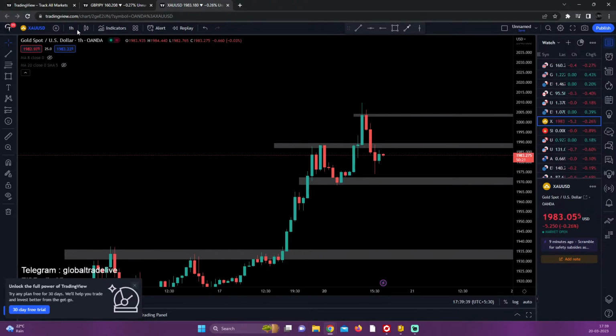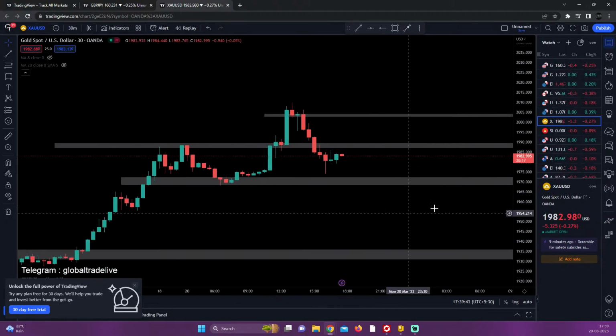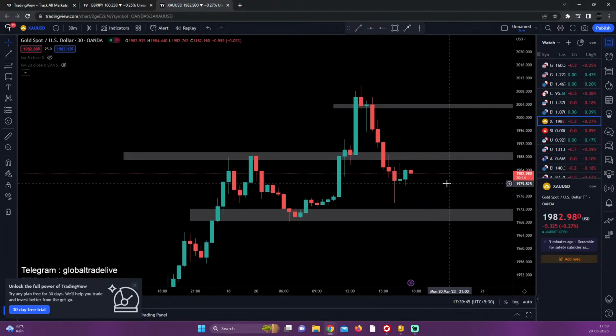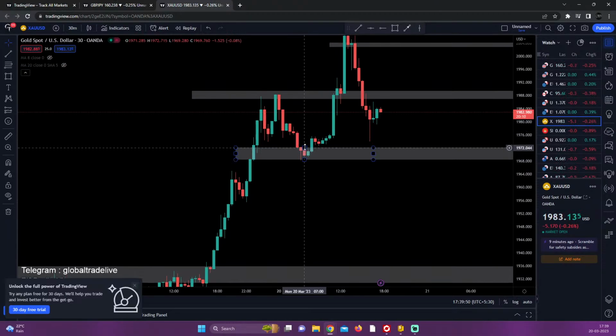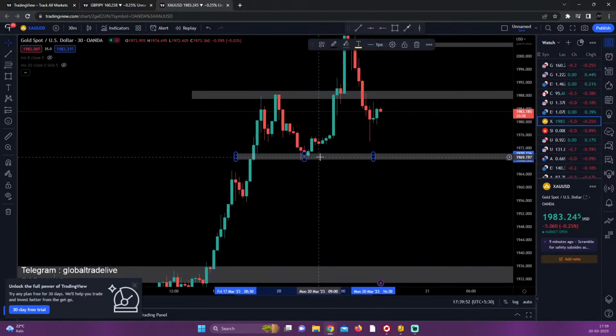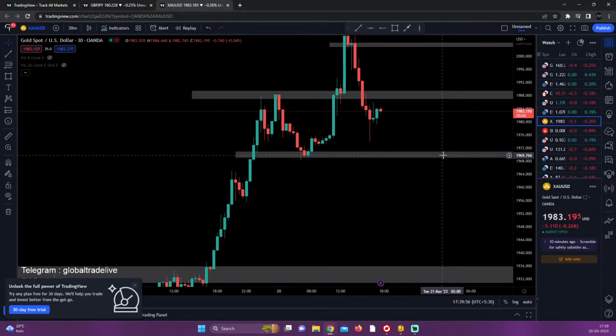So what I'm going to do is switch to a lower time frame to get more information, right? I'm going to zoom in a little bit again. If we talk about a selling idea in gold, then clearly it's below this area over here, which is 1969.766.